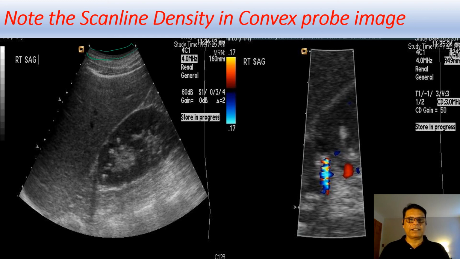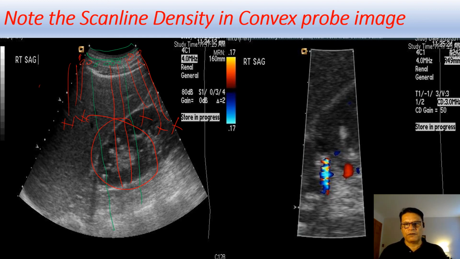This image is produced by the convex, and you have switched off all the crystals except these few crystals, and we focused in this area, and you see that the field of area is reduced because you have switched off all these piezoelectric elements, and we are getting no scan line in this area, and we get this reduced field of view that has a better resolution, and we can see a stone and the twinkling artifact in it.